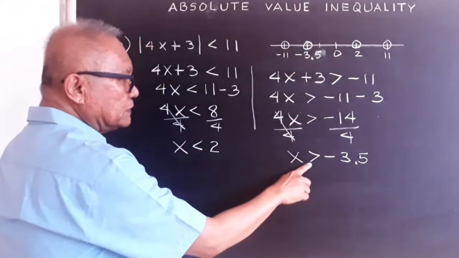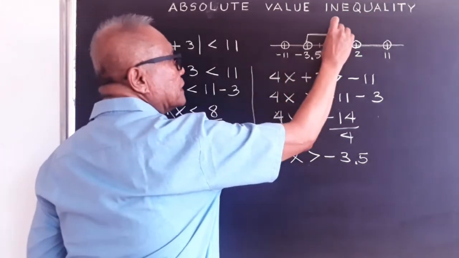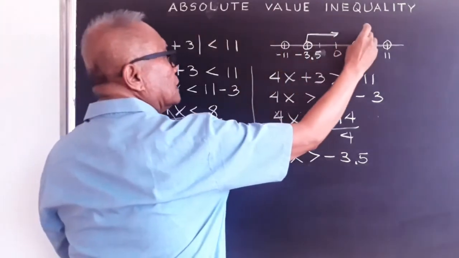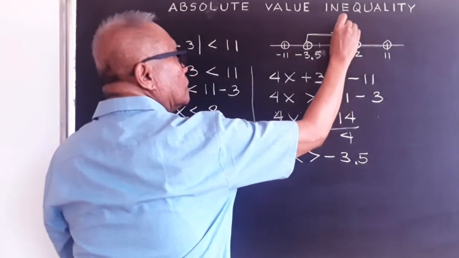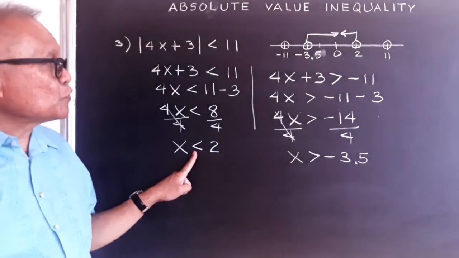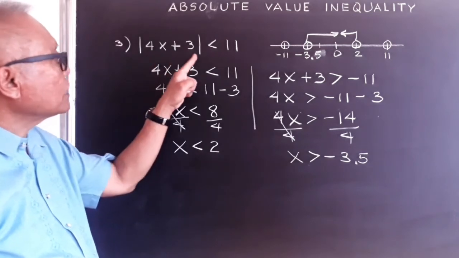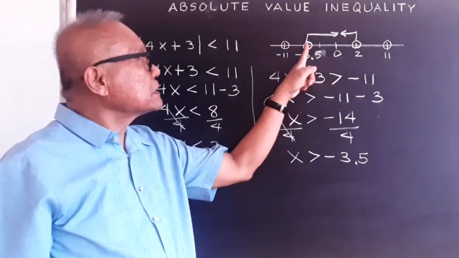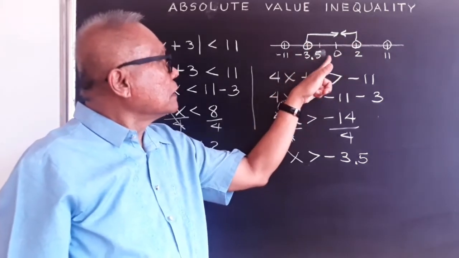So greater than means this one is going there. This one is less than, meaning. So the solution for our absolute function inequality is our x lies here.